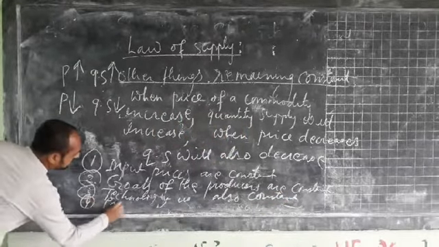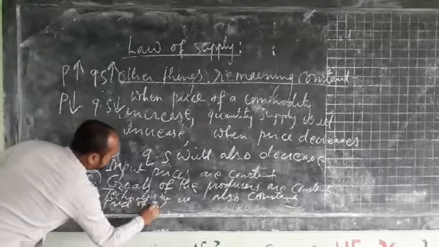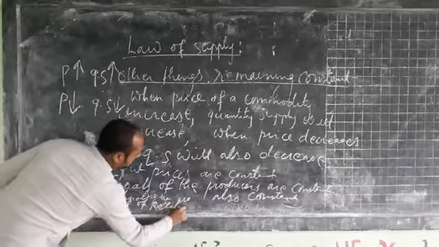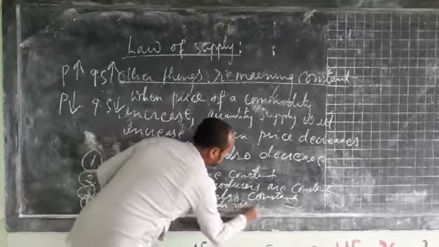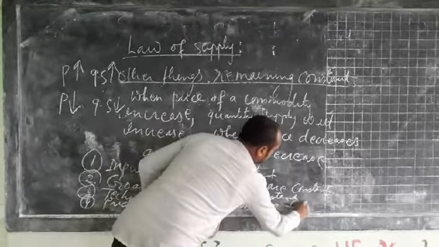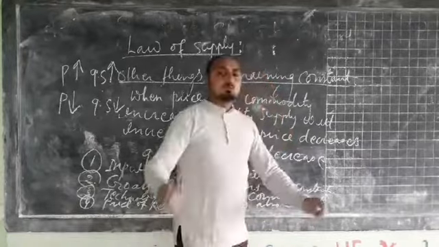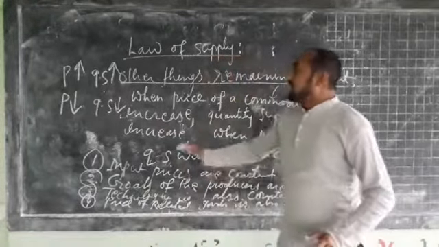Price of related goods is also constant. So these are the factors that will remain constant.